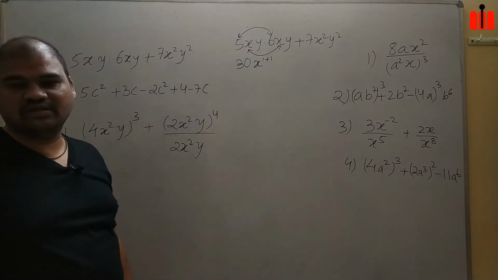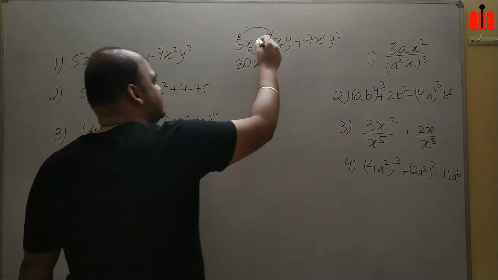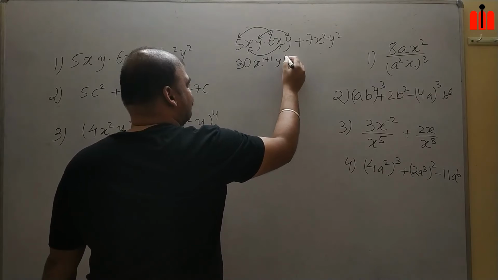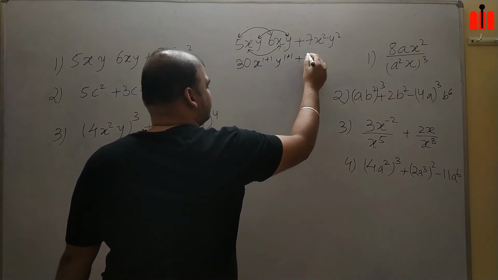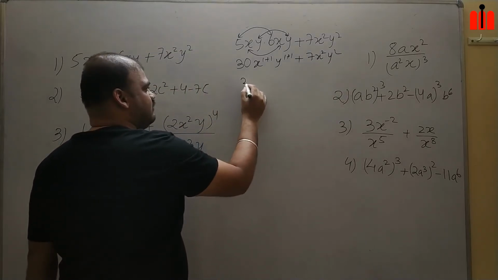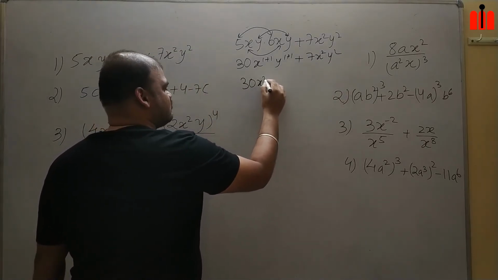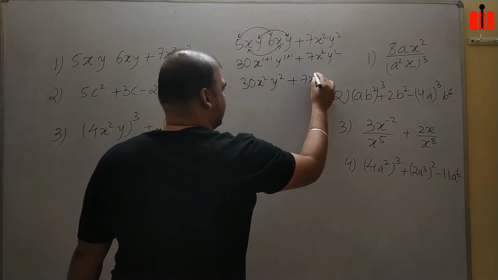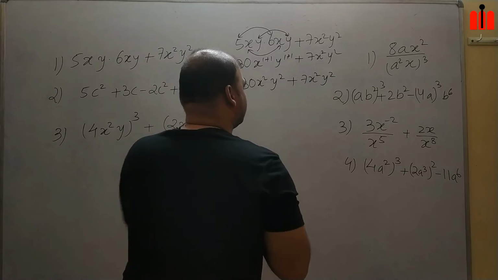So it will be x to the power of 1 plus 1. Same for y also, y into y, so y to the power of 1 plus 1, plus 7x square y square. So it will be 30 x square y square plus 7 x square y square.